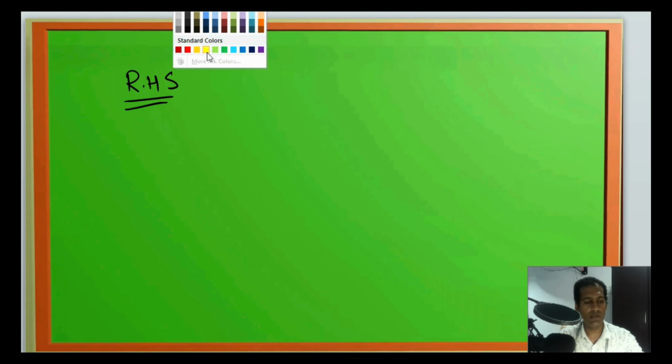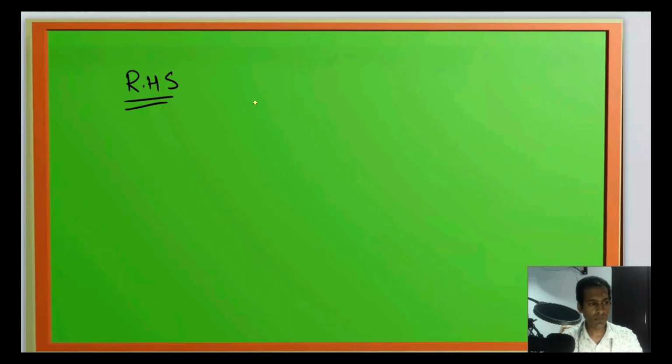Now the RHS we can draw similarly. The RHS statement is A bar plus B bar.